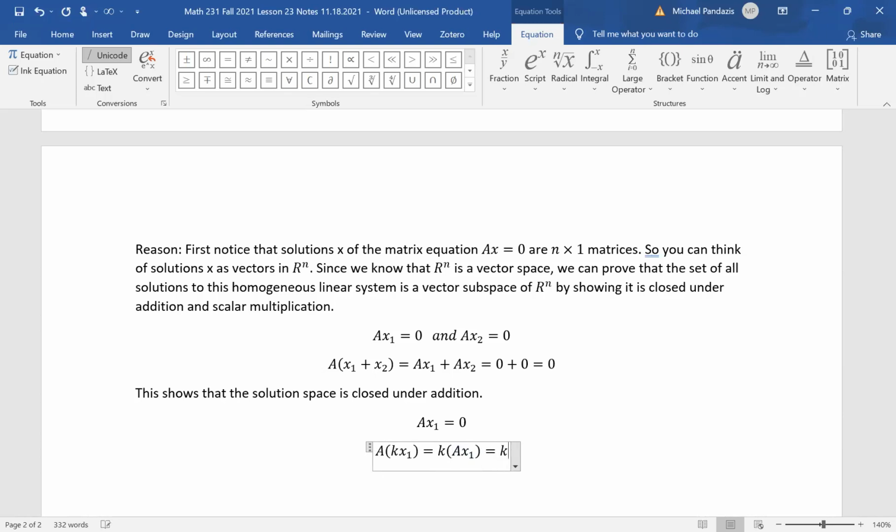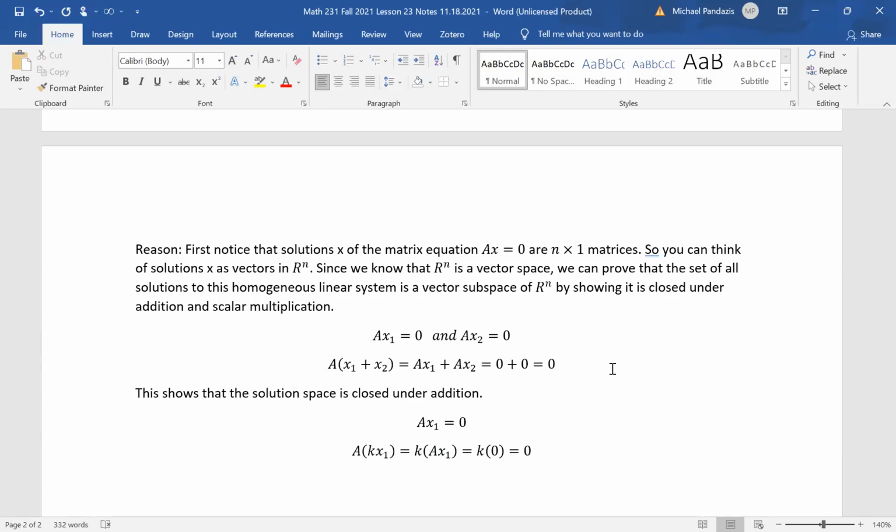And since Ax1 is already known to be 0, it's k times 0, which is 0. And so what we showed is that kx1 is also a solution of the linear system, given that x1 is. And so this shows that the solution space is closed under scalar multiplication.